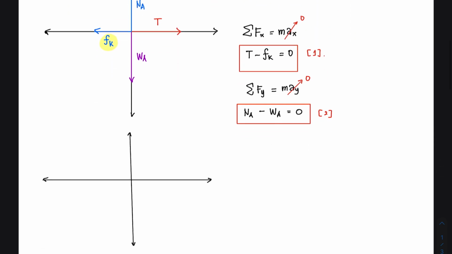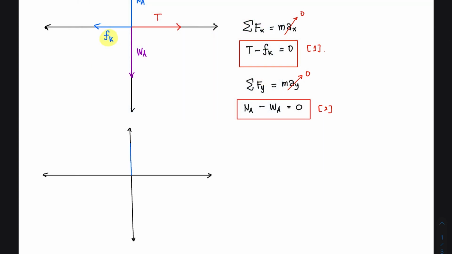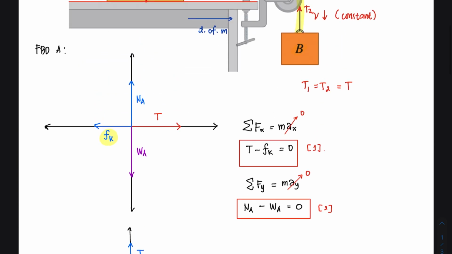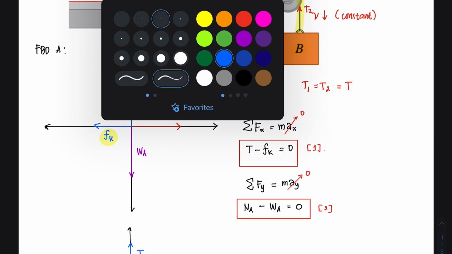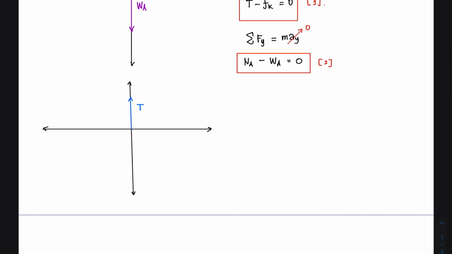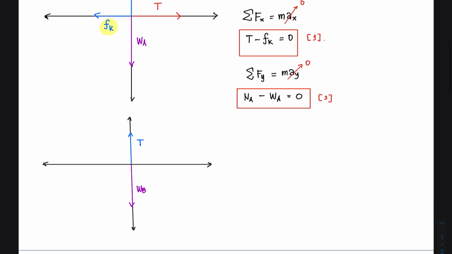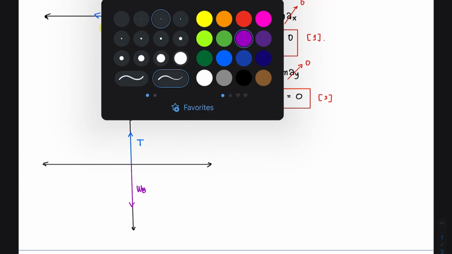So the direction of your tension force in this case should be upward. So that will just be the direction of the T. And of course, you notice that body B is actually hanging, so we have your weight going down. So that is your weight sub B. So basically, that's the free body diagram for the forces present on B.